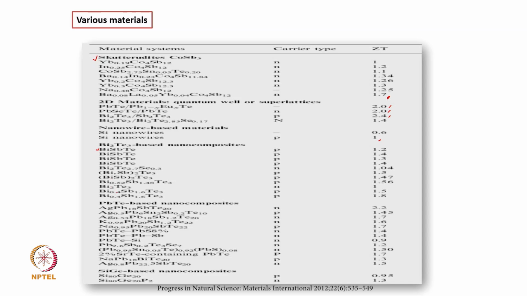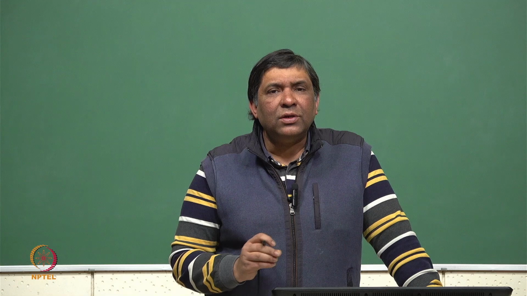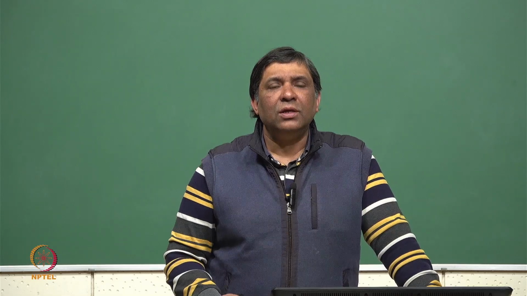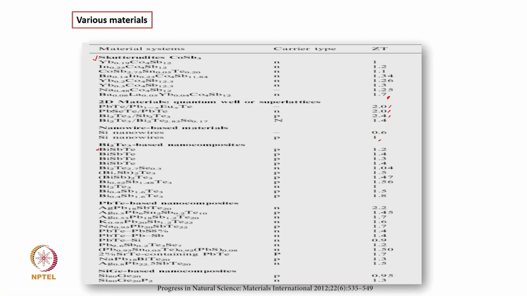One can change the atomic fraction of bismuth, antimony and tellurium, and one can have a variation in the composition of the nanocomposite. For different carrier types, one can see a good variation in the figure of merit.